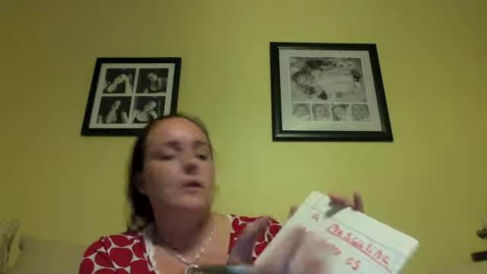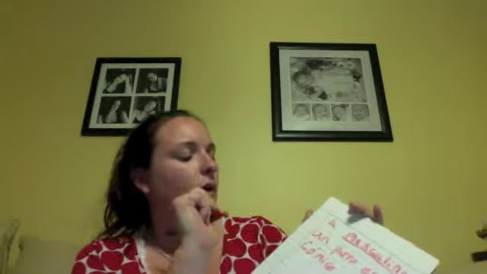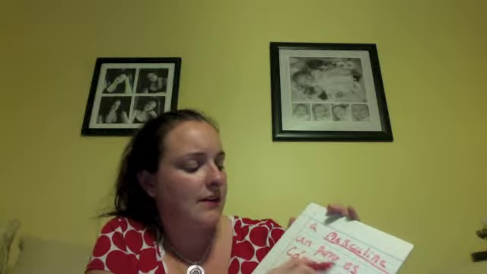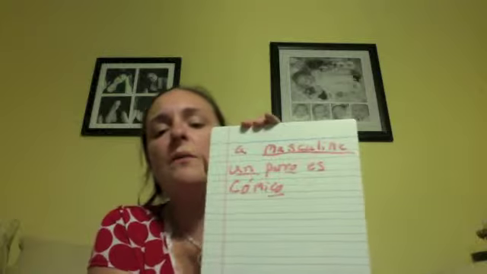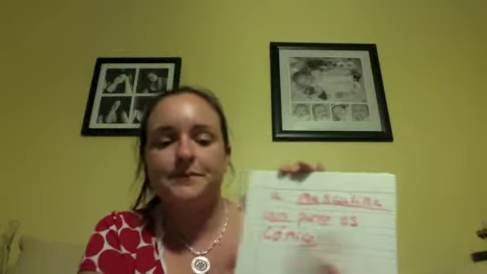How about funny? Dogs are funny. They do silly things. Cómico. A dog is funny. And because this is a singular masculine and a singular masculine article, we're going to leave this as O and we're not going to add an S. Un perro es cómico.